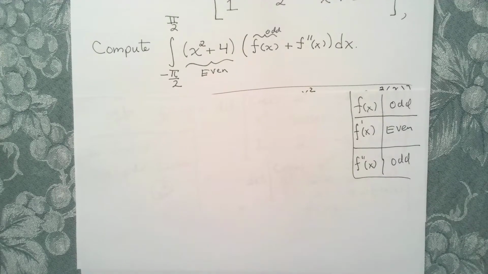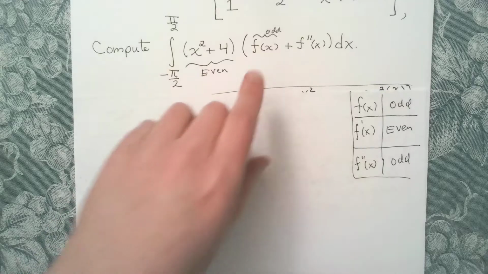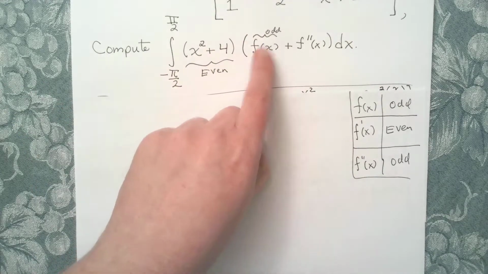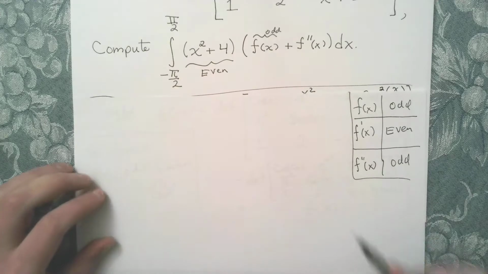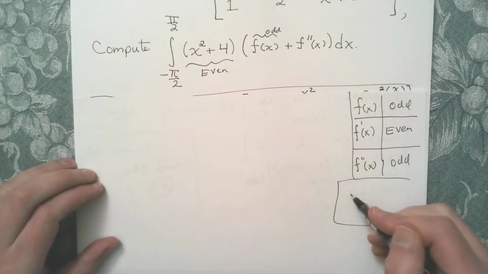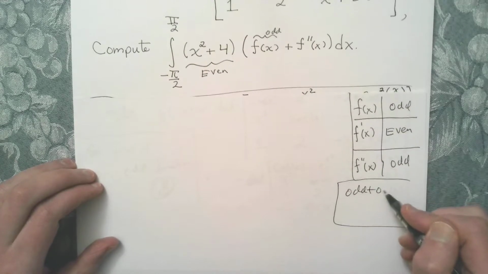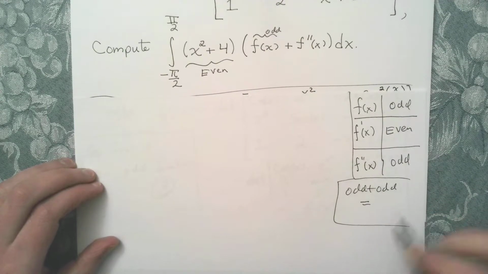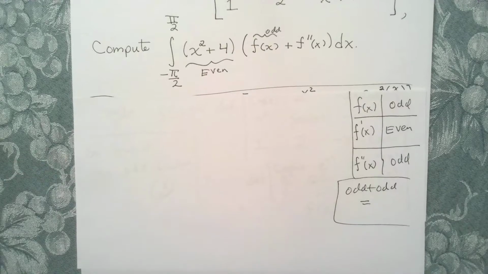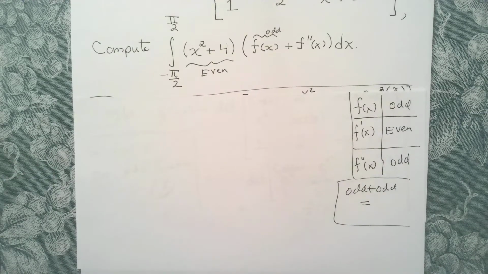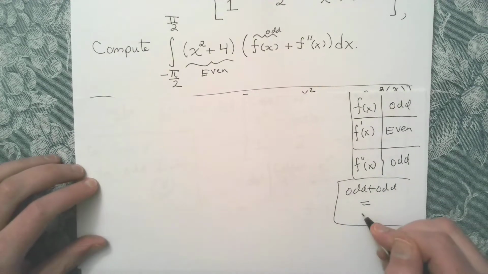And as an exercise in the recall from before, you wanted to prove that odd plus odd is odd. So an odd function plus an odd function equals an odd function. That's not too hard to imagine, right, with factoring out the negative 1.